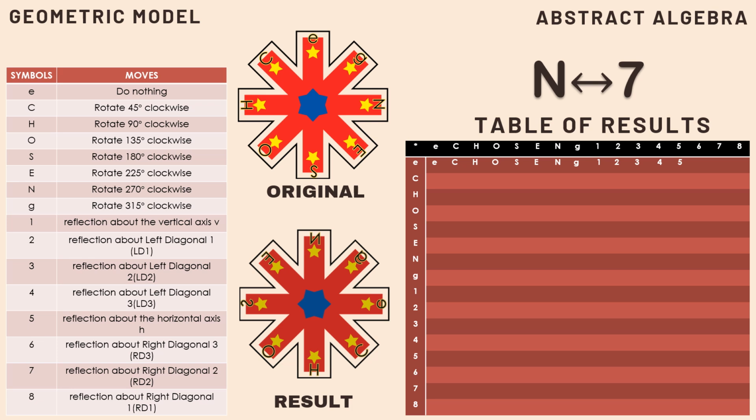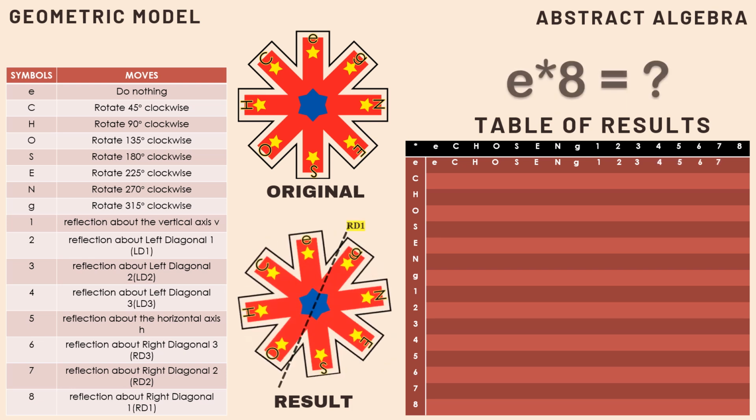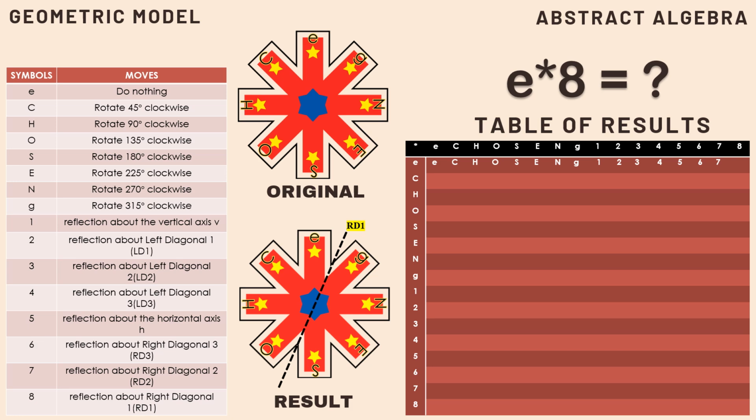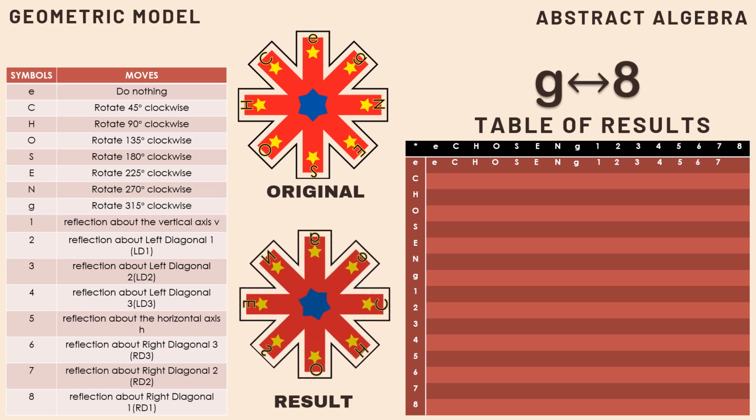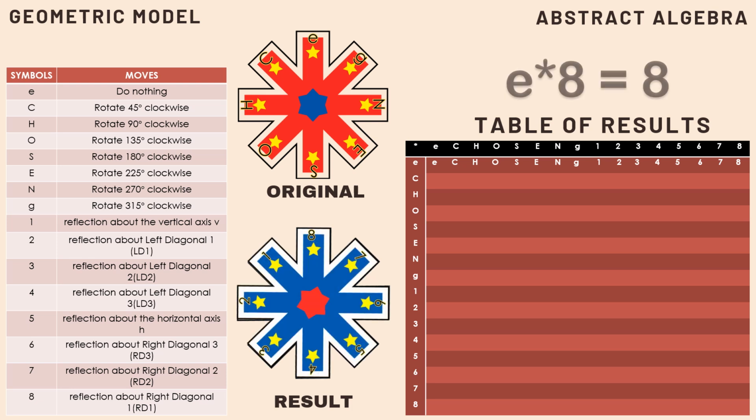Since N maps to 7, then E star 7 is 7. Next, we have E star 8. Since G maps to 8, then E star 8 is 8.